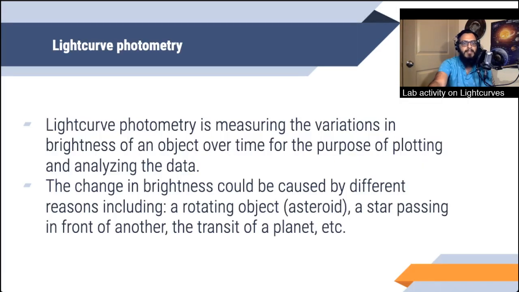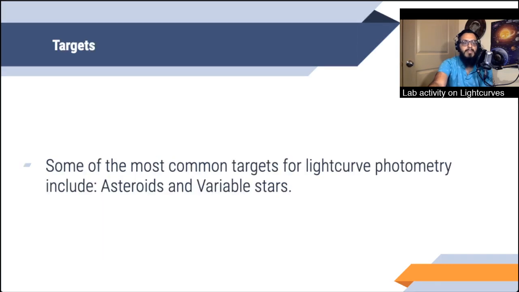Now, light curve photometry is measuring the variations in brightness of an object over time for the purpose of plotting and analyzing the data. The change in the brightness could be caused by different reasons, including a rotating object, for example an asteroid, a star passing in front of another, the transit of a planet, etc. Some of the most common targets for light curve photometry include asteroids and variable stars.